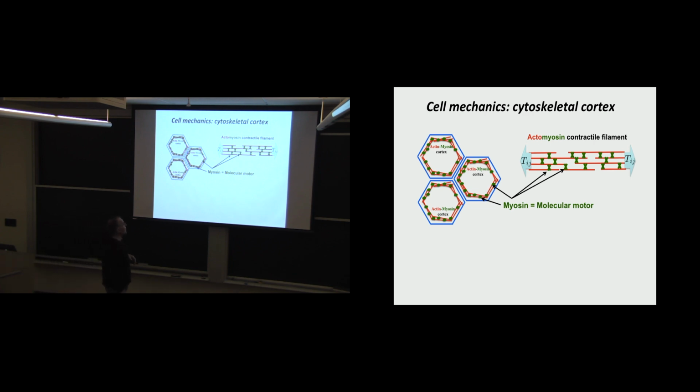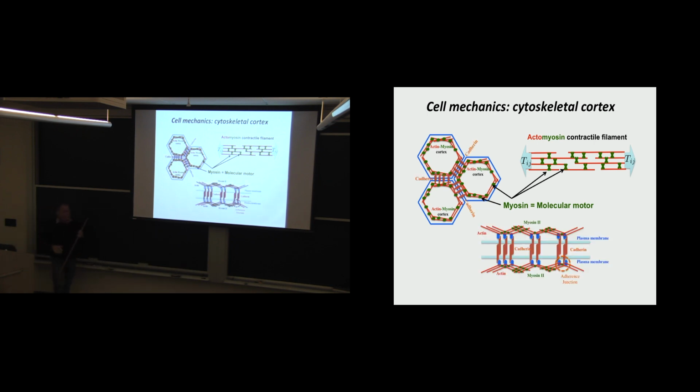So what would we find if we could look inside the cells? We'd find lots of things. But let me focus specifically on mechanical elements, the cytoskeleton of the cell. It has many components, but most prominent for us is the presence of the actomyosin cortex, which is made out of contractile actomyosin filaments which surround cells like little belts.